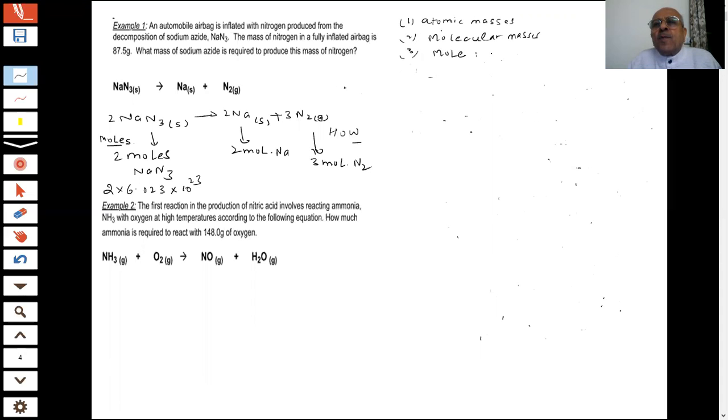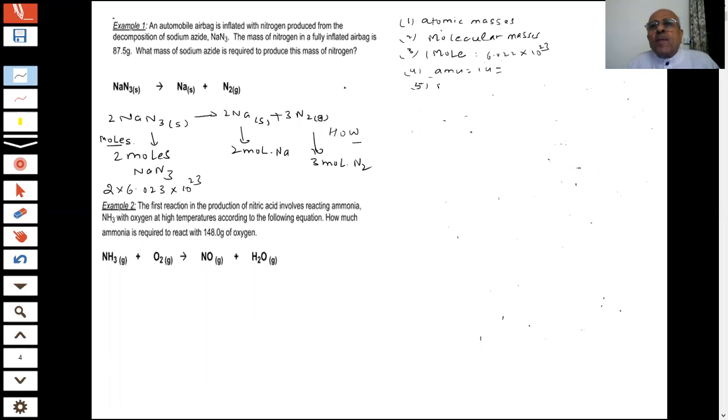One mole is equal to 6.022 into 10 power 23 particles, atoms, molecules, anything. If I say one mole of students, how many will it be? 6.022 into 10 power 23. It is a number, that's all. Then we told you about the AMU, or 1 unit. 1 unit was very, very small in terms of grams.